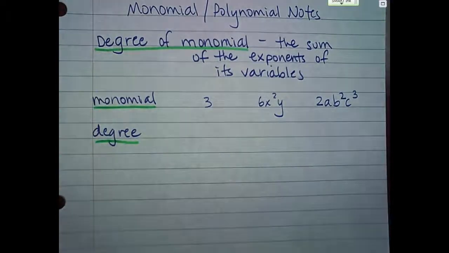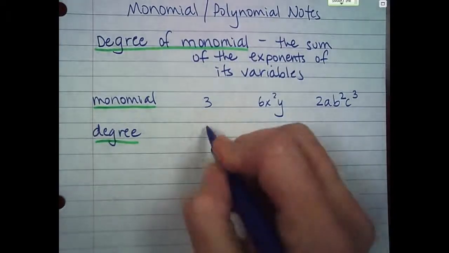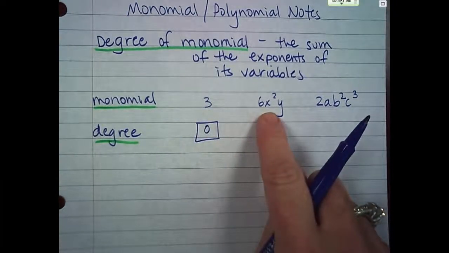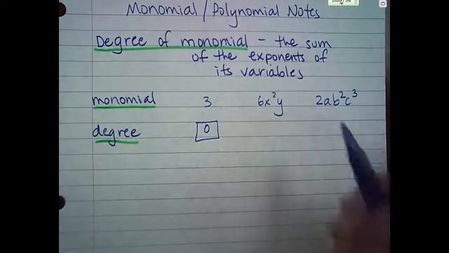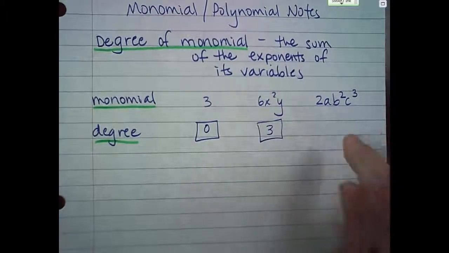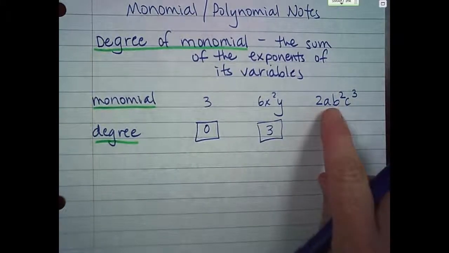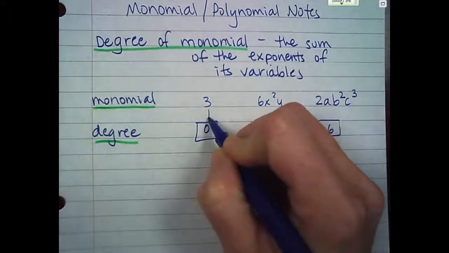Remember, it's the sum of the exponents of the variables. So does 3 have any variables? Nope. So the degree is 0. Excellent. Here, the x has a 2 and the y actually has a 1 there. That's not written, correct? So the degree is 3. And on this one, okay, 3 plus 2 is 5 and the a actually has a 1. So the answer is 6. There you go. Good job.